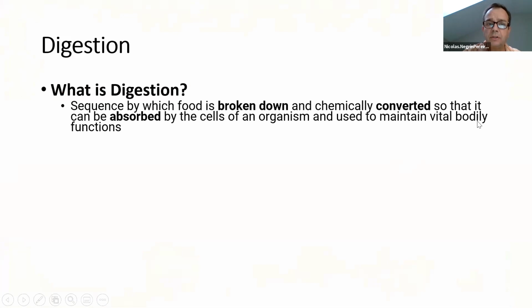Well, it's a series of sequences by which the food is broken down, and we will see that this is important in the sense that we need to diminish the size of the food particles in order to increase the attack surface of enzymes responsible for digestion.